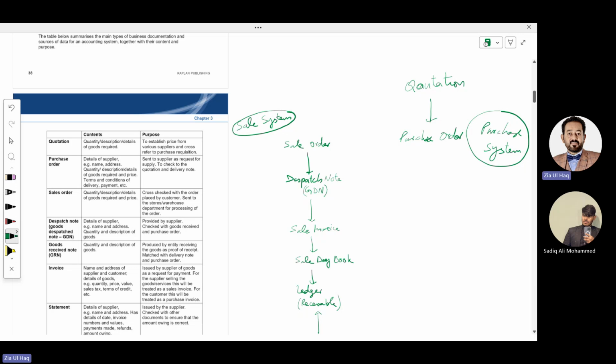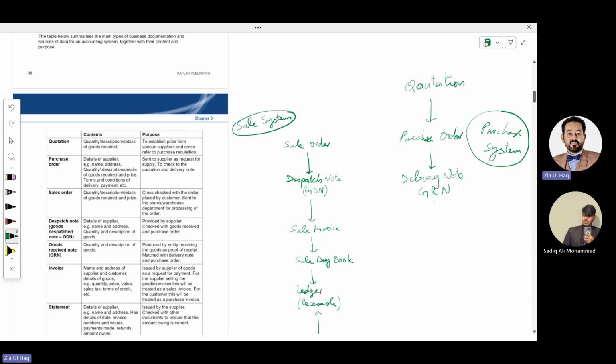When the company receives the goods from the supplier, along with the goods, the company will receive a document called a delivery note. This delivery note will be called GRN, good received note. In sale, there is a GDN, good dispatch note. In purchase, there is a good received note.